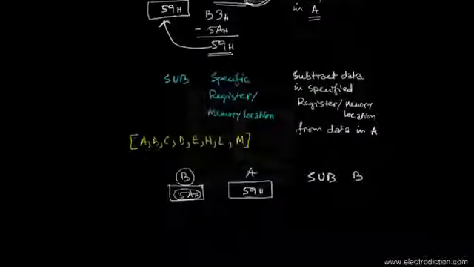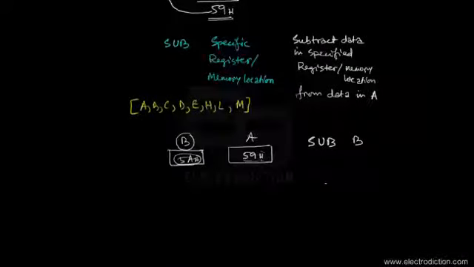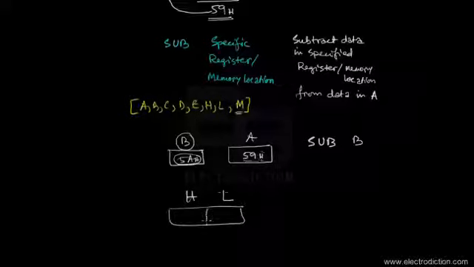Similarly, I'm also going to give you a memory location example. Let's say the HL register pair contains 16-bit data that corresponds to a memory location, let's say 30BBH. This is possible, not a problem.